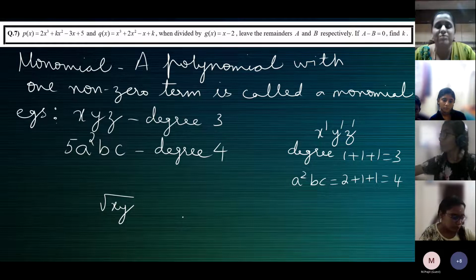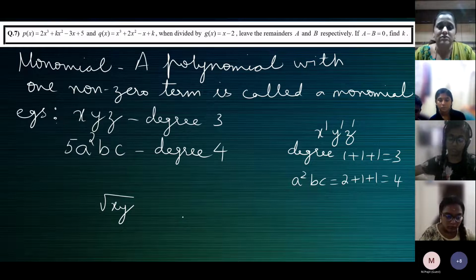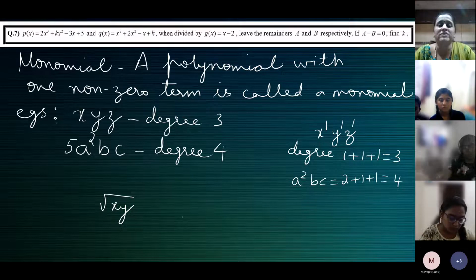Non-negative integral powers meaning whole numbers. That means the powers of the variables involved must only be whole numbers. Only then they are called polynomials. Otherwise, they are simply algebraic expressions.